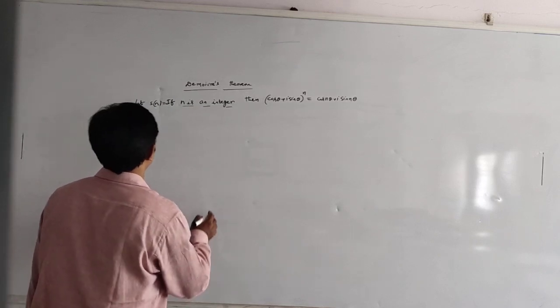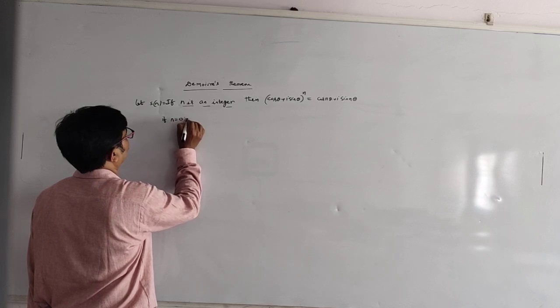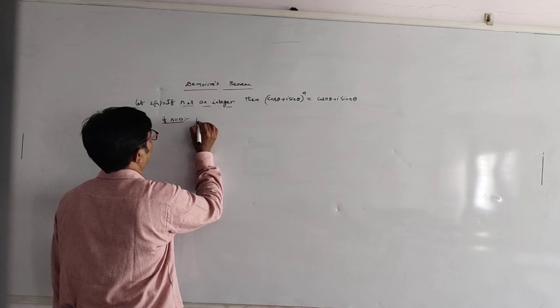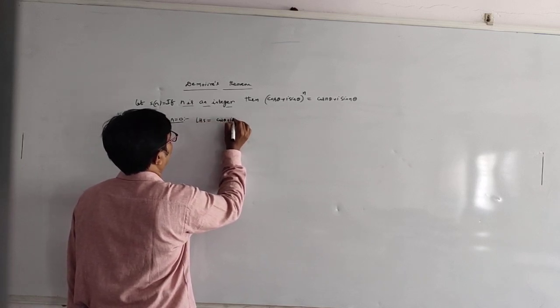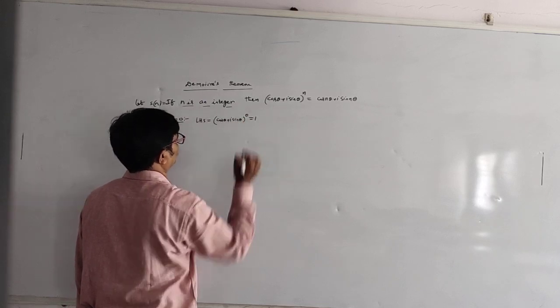So students, first, if n equal to 0, the left hand side is (cos theta plus i sin theta) whole power 0, that is 1.